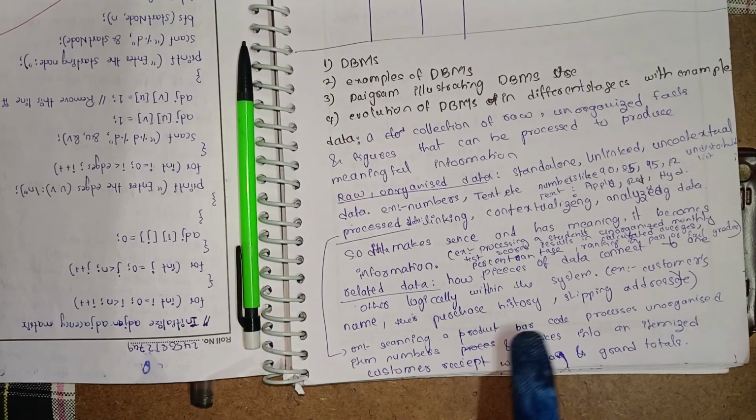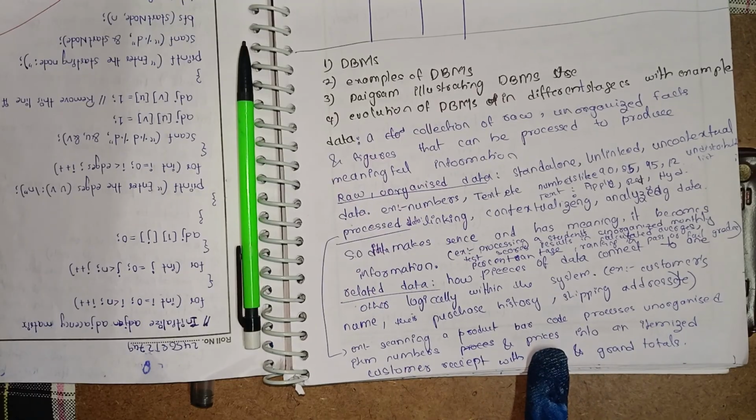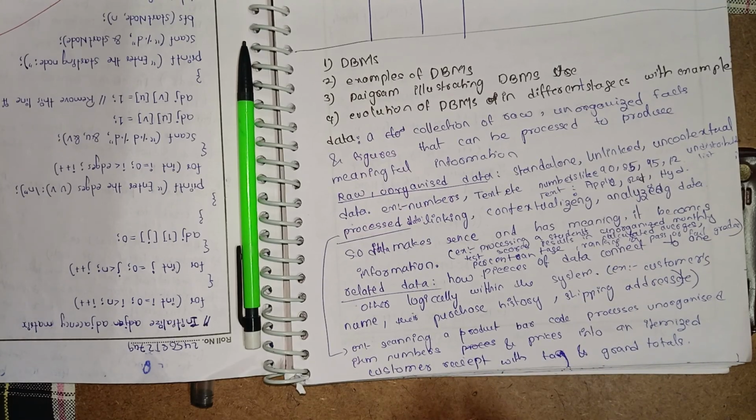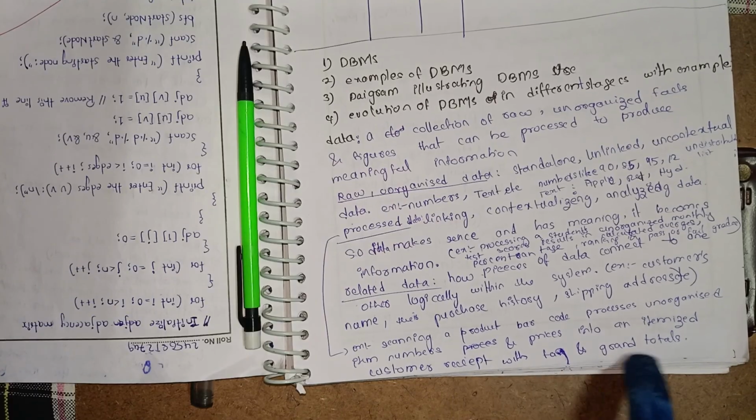So here the unprocessed data is the number of items and their prices, and they are processed into an itemized customer receipt. Tax and grand totals are processed data.